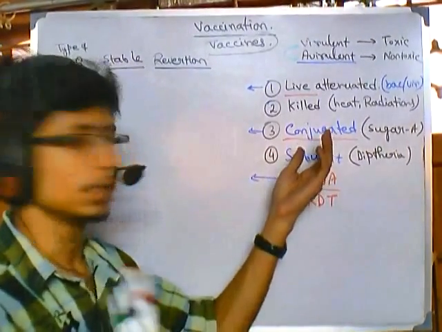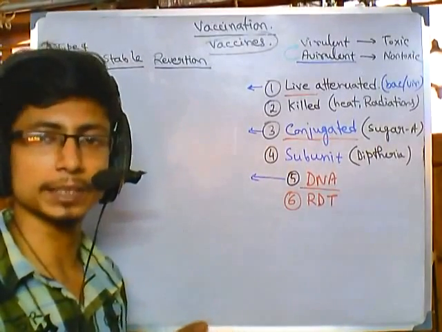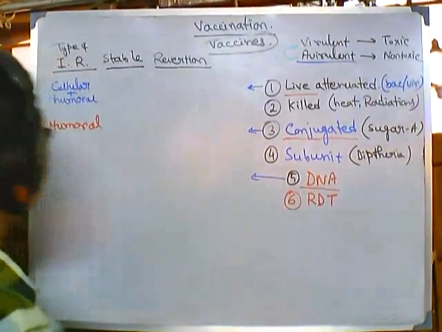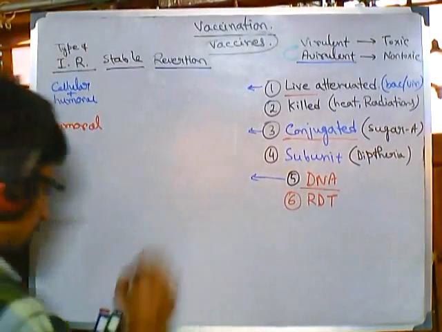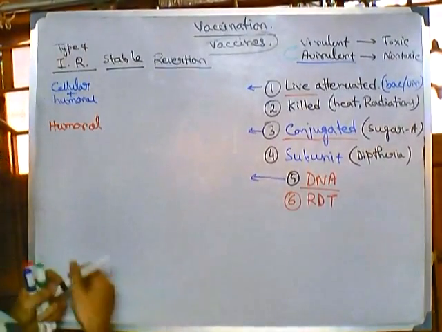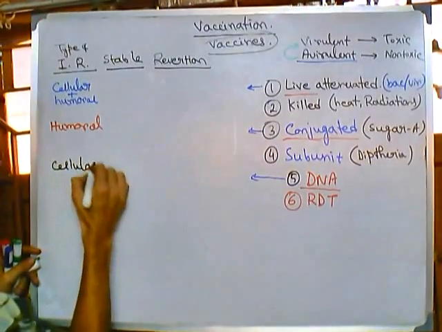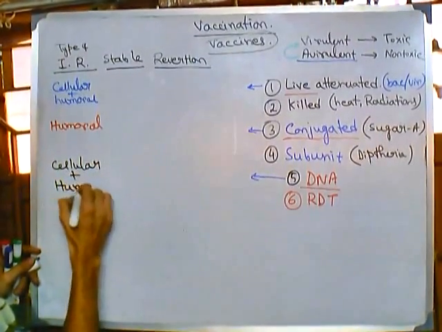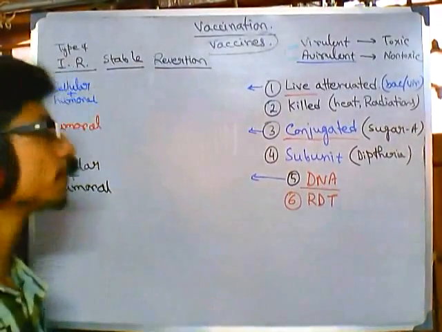But in case of humoral response, we have antibody mediated response as well as the complement system. Now in the conjugated form, humoral response is the most important part, but in DNA we also see it relies on both cellular as well as humoral. So it triggers both types of response.